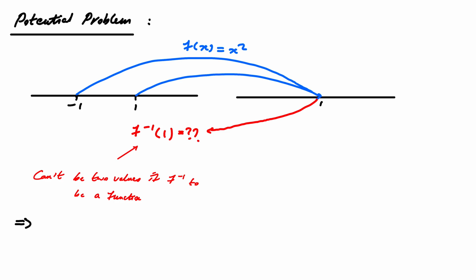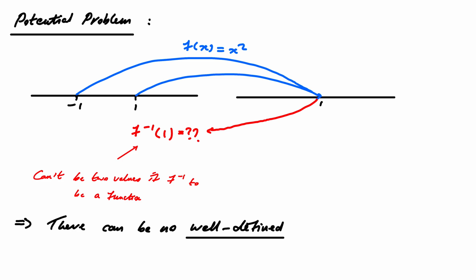So this picture tells me there can be no well-defined inverse. Well-defined means defined in a logical, sensible way without any ambiguity. So it's impossible to define this in a way which makes it sensible. There is no well-defined function f inverse in this case.